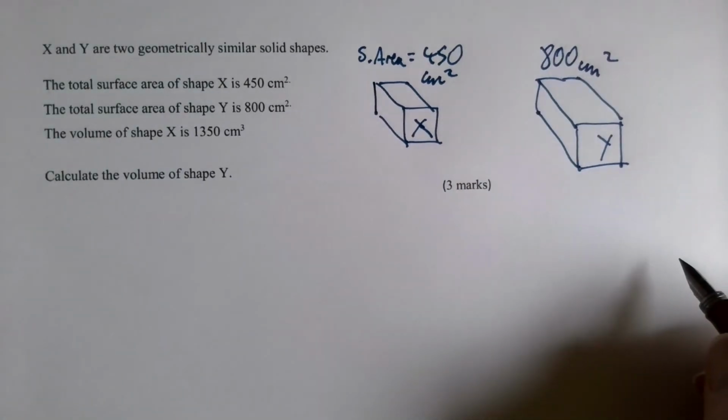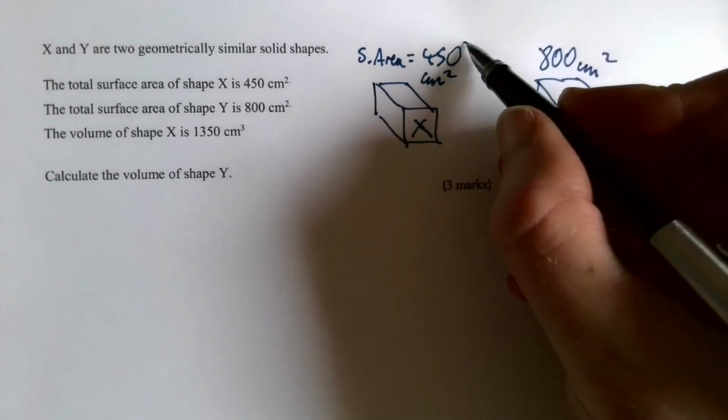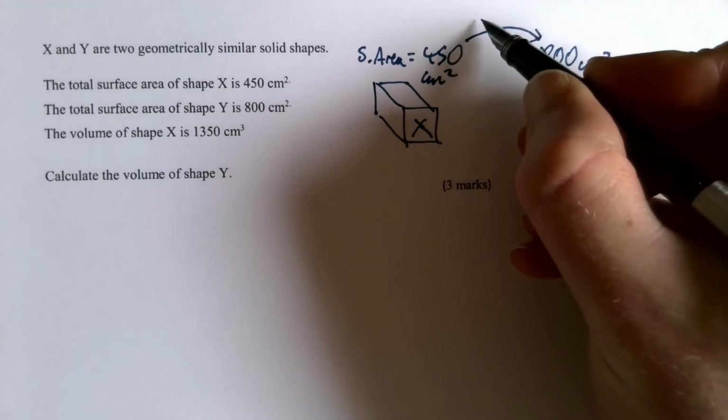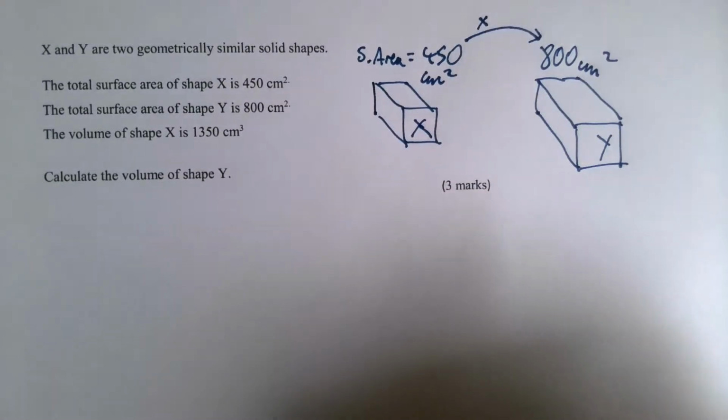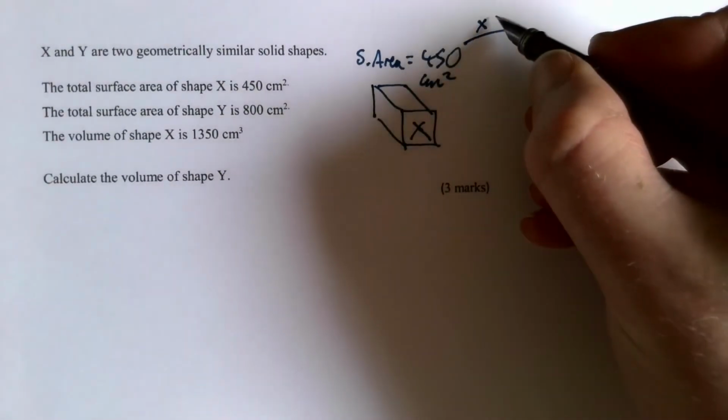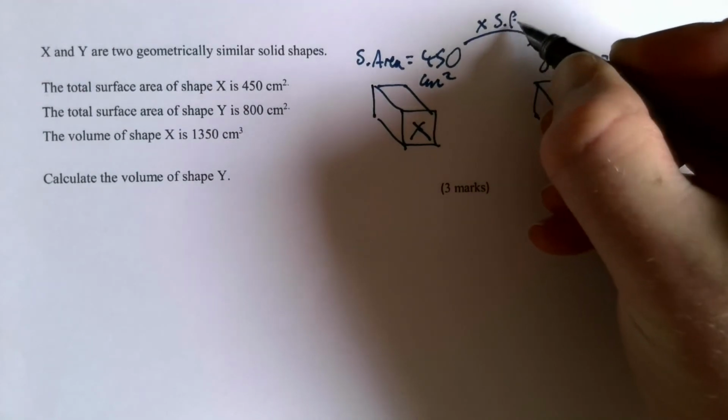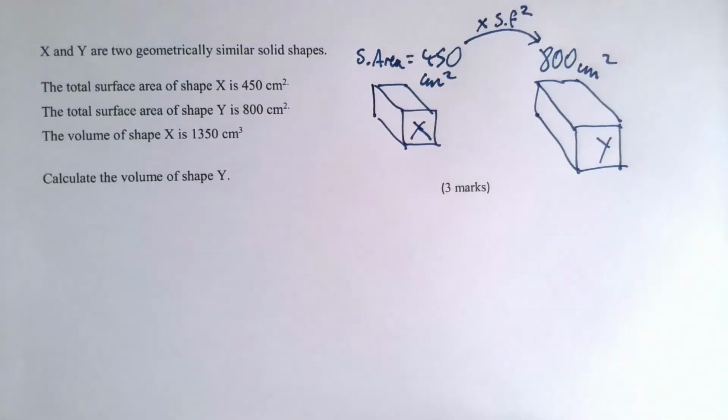Well, we are still going to be looking for the multiplier, but we've got to remember that it's going to be the scale factor squared because we're looking at area.